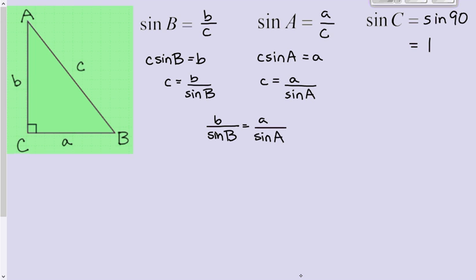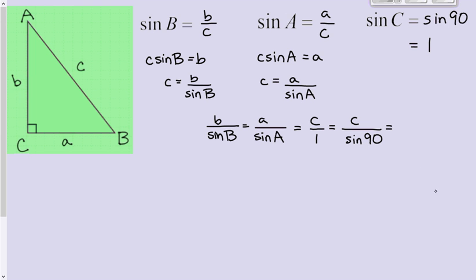That's good. That's the same relationship we found for the acute triangle, but we still want to incorporate angle C in there as well. So we know that both of those are equal to c, and I would argue that c is equivalent to c over 1. And we just noted that the sine of 90 is also equivalent to 1.